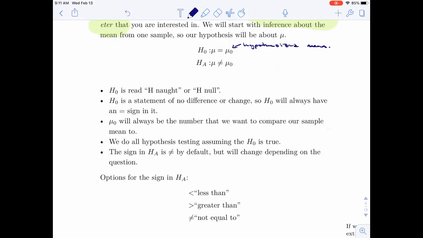So in our calculation for z, z is x bar, our sample mean, minus mu. What we're really saying is, okay, if mu is equal to mu sub 0, our z score is going to be x bar minus mu sub 0, mu naught.